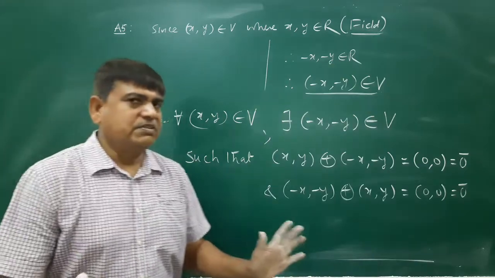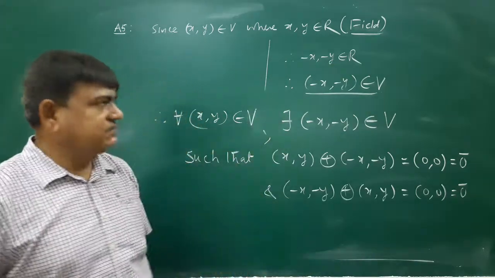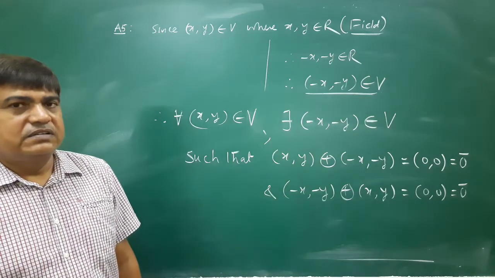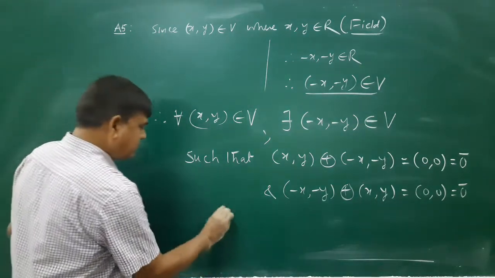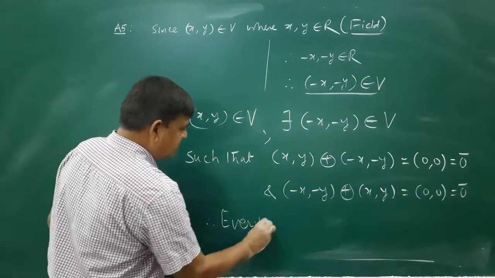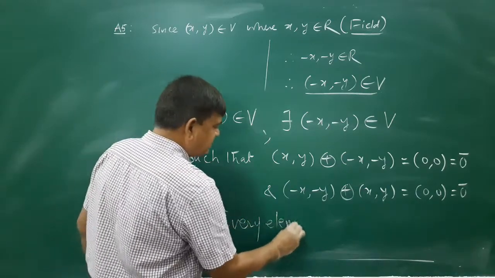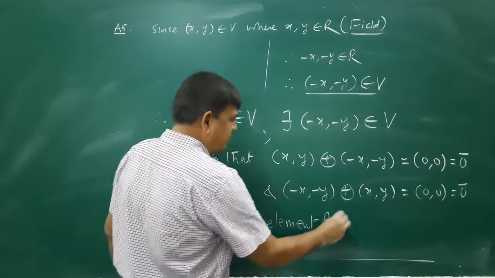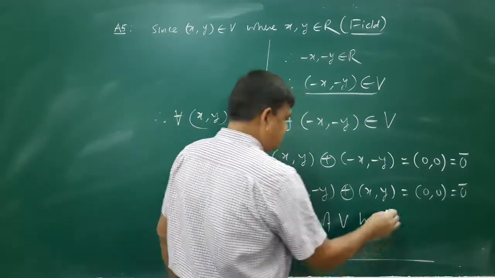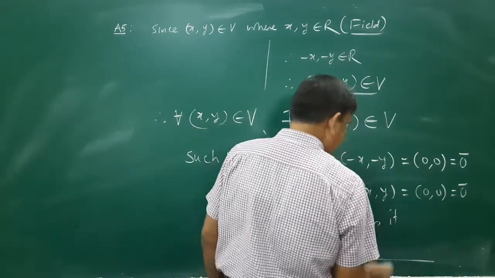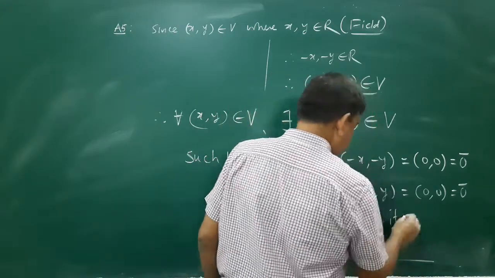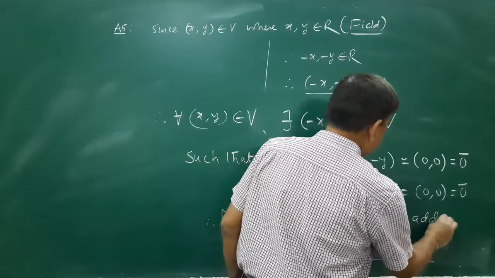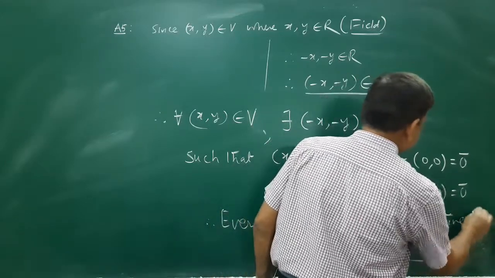We know that from abstract algebra. Therefore, every element of V has its inverse, its additive inverse.